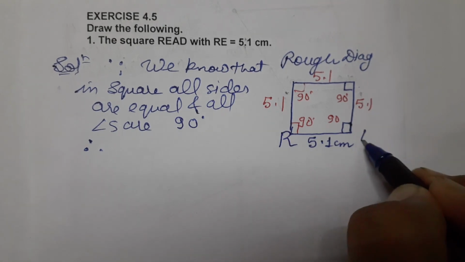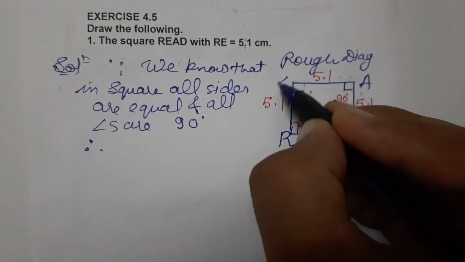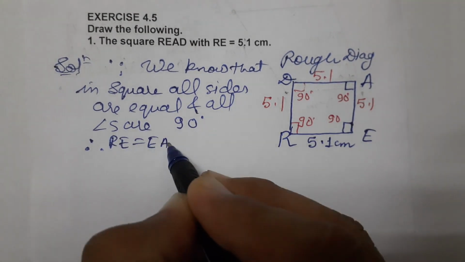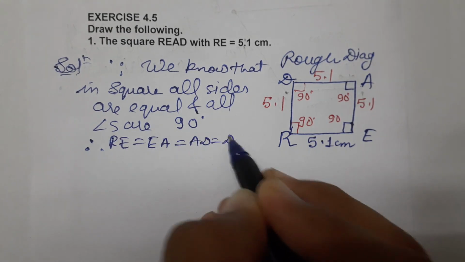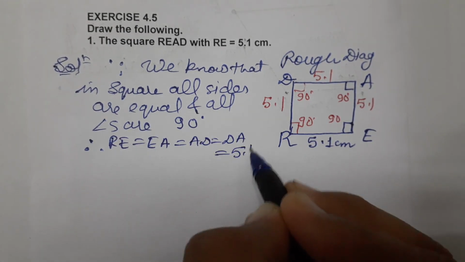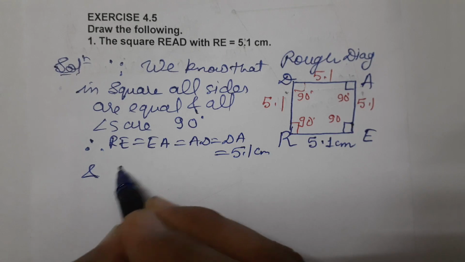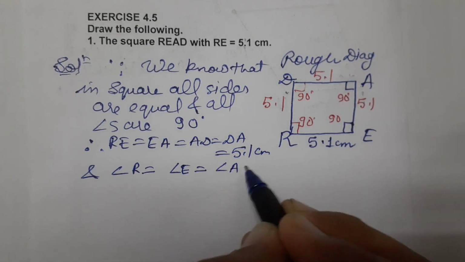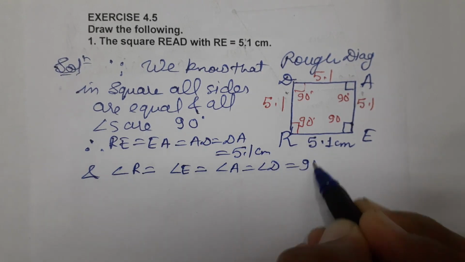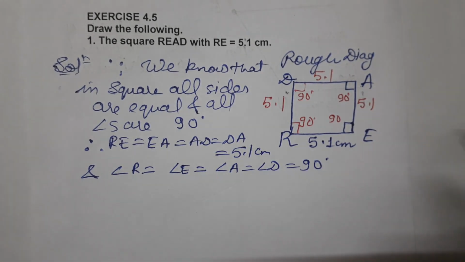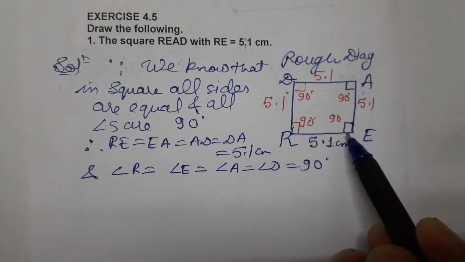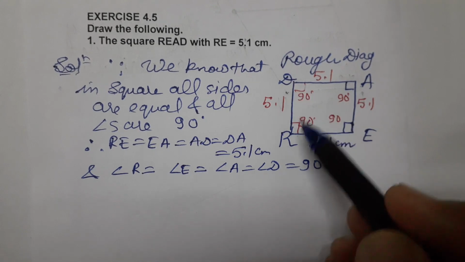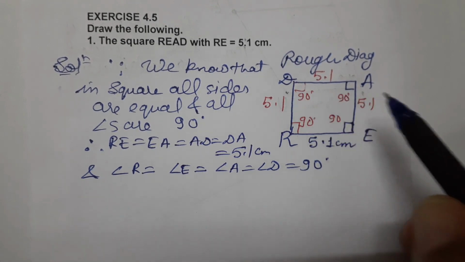Therefore RE equals EA equals AD equals DR equals 5.1, and angle R equals angle E equals angle A equals angle D, all equal to 90 degrees. So we can start. First of all we will make RE, then we'll make 90 degrees, and then a 5.1 arc, then a 5.1 arc, then a 5.1 arc. So let's start.